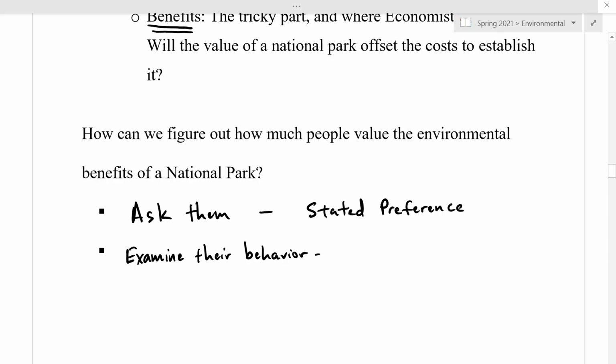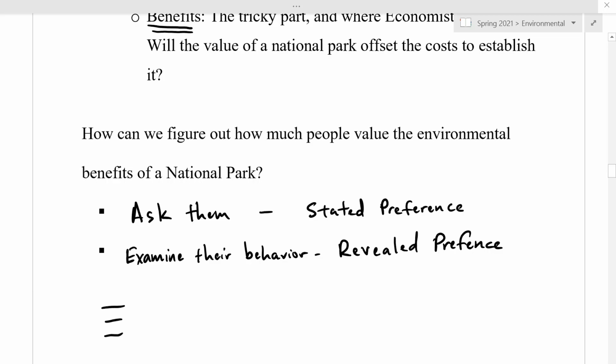There are all sorts of market transactions associated with the non-market goods, environmental goods. And so with that, we can examine the behavior, and we don't ask people what their preferences are. We just look at what their preferences reveal. So revealed preference. How do people actually behave to show their preferences? And that's the second. So we'll talk about a couple others as well.